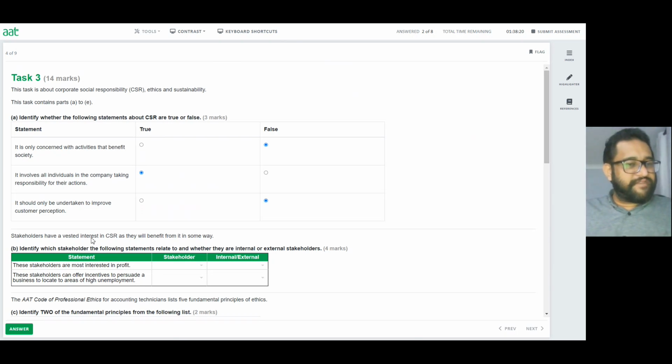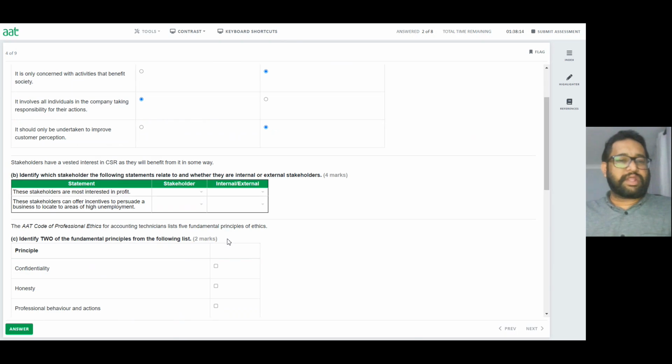Stakeholders have a vested interest in CSR as they will benefit from it in some way. So if you look at that here, which stakeholders are most interested in profit? There are certain answers: customers, managers, and shareholders. The best answer is going to be the shareholders, because the other two are not so interested in the profit.